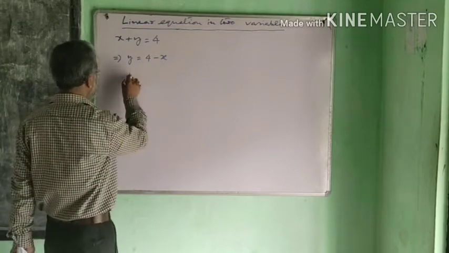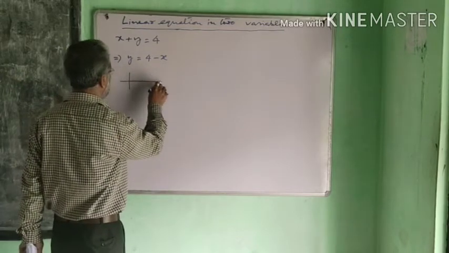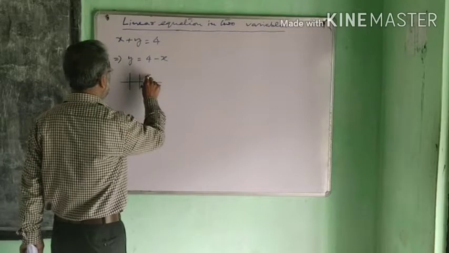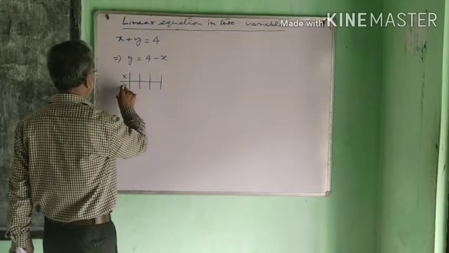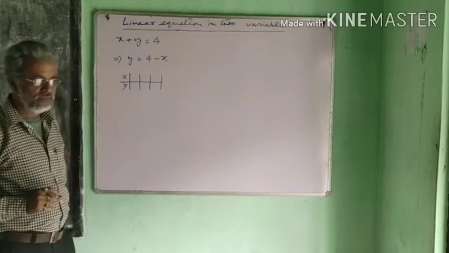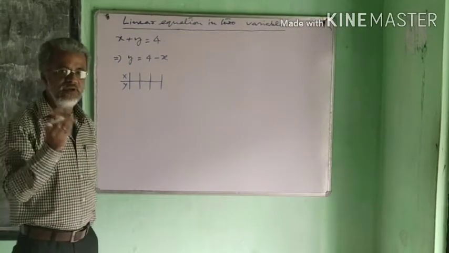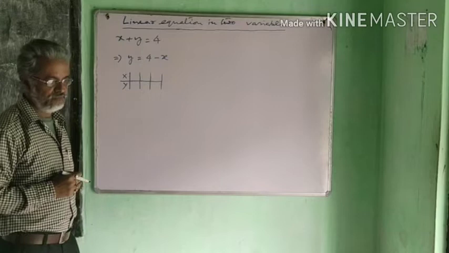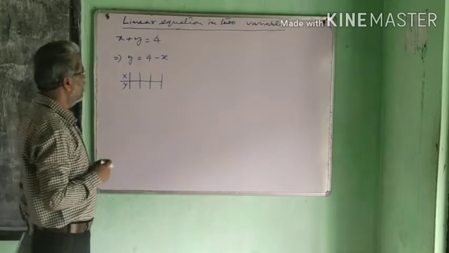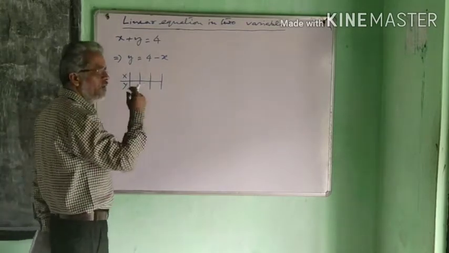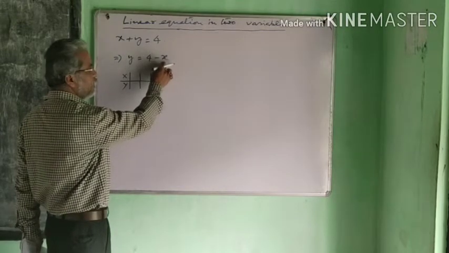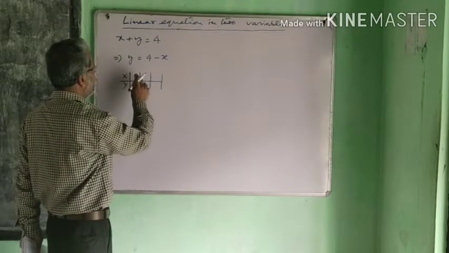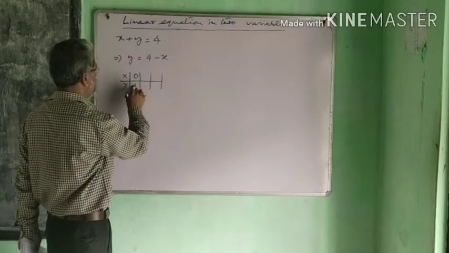Now for this solution, we find out 3 coordinates. How will you find them from y is equal to 4 minus x? If we take the value of x as 0, then 4 minus 0 is 4.